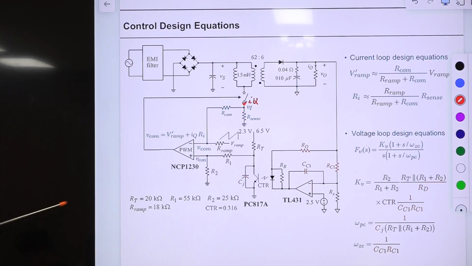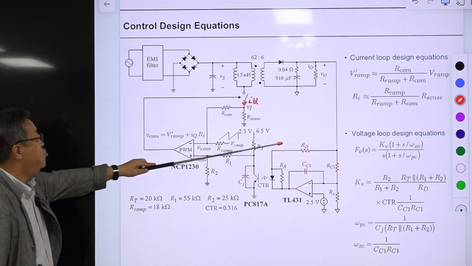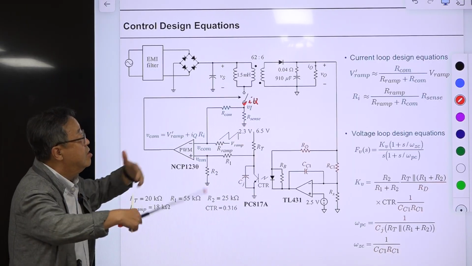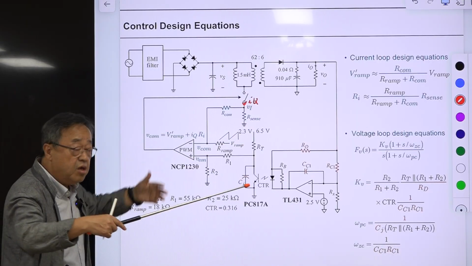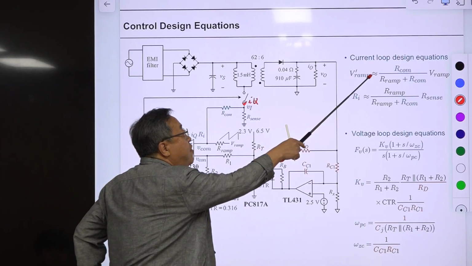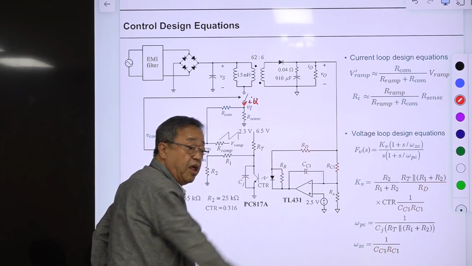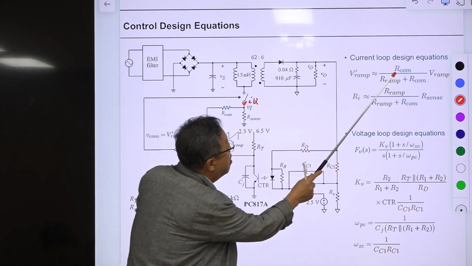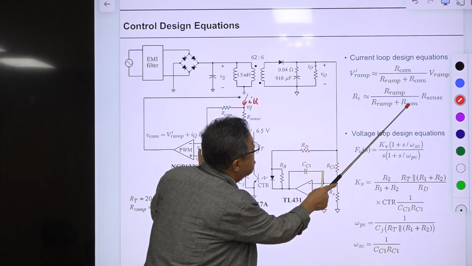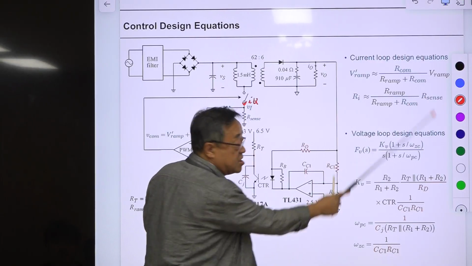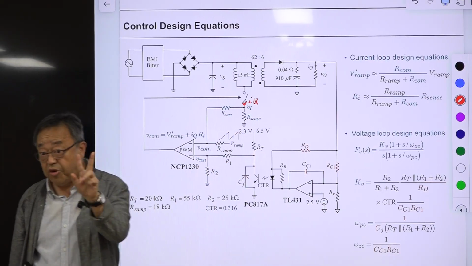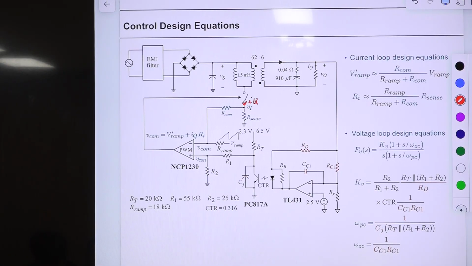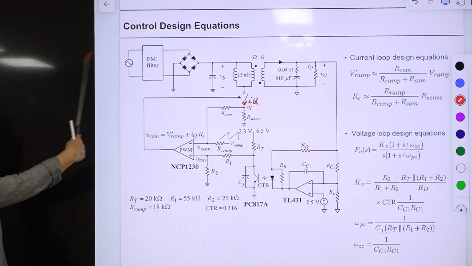These are the only equations we're going to use to determine the values. First we determine the required value from the theoretical work. Then for the circuit implementation, we determine these two, because there are two equations and two unknowns, which are solved easily. That's about this.